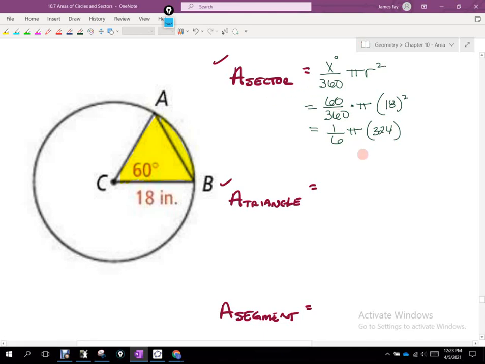Okay. And then 324 divided by 6. How many times does 6 go into 32? 5 times, right? And you would take away 30, so it'd give you 24 left over, right? How many times does 6 go into 24? 4. So 324 divided by 6 ends up being 54, and times the pi.